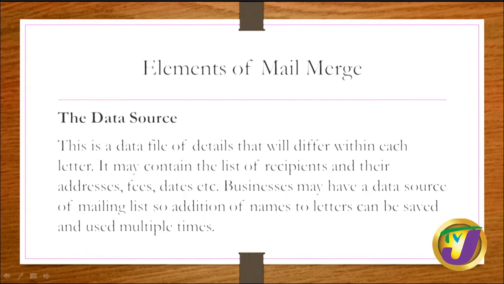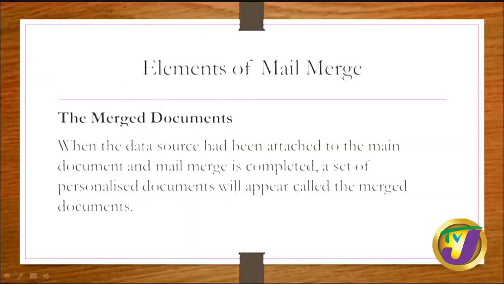And businesses may have their data source created as a mailing list so that they can quickly complete mail merge. Now, whenever we put the address list and the main document together, we get what we call the merged documents. So these would be some personalized letters now.